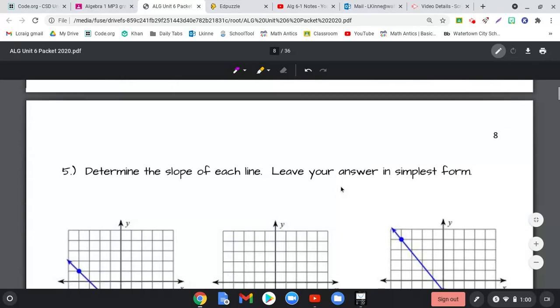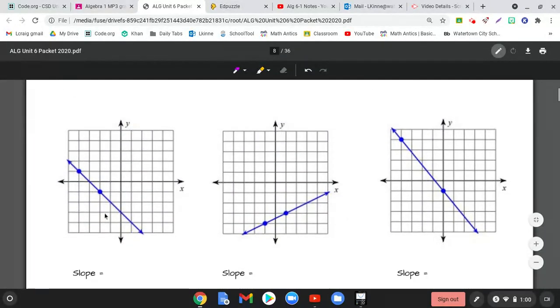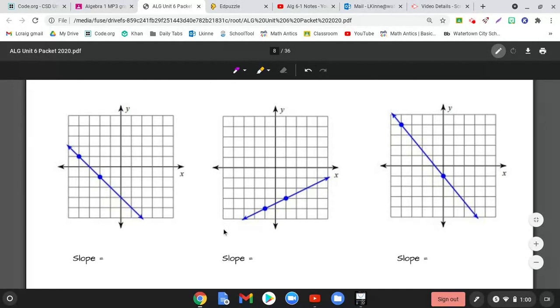A little bit more practice with these graphs. All right, here I'm seeing a decrease. It's going down from left to right. So I know it's negative. Well, how far down? We're going down 2 over 2, down 2 over 2, down 2 over 2. So it's negative 2 over 2. And that, if you divide it, negative 2 divided by 2 is just plain old negative 1.